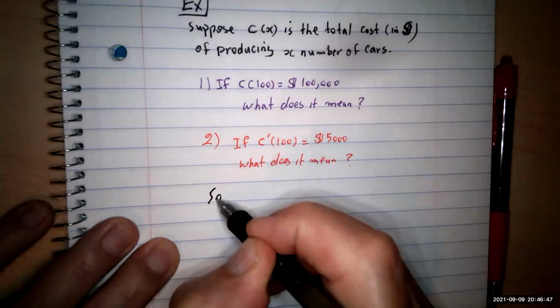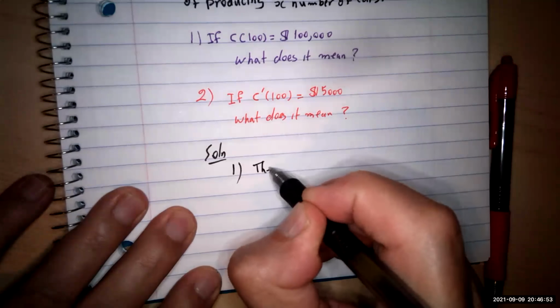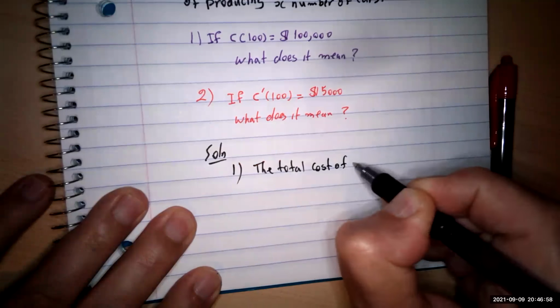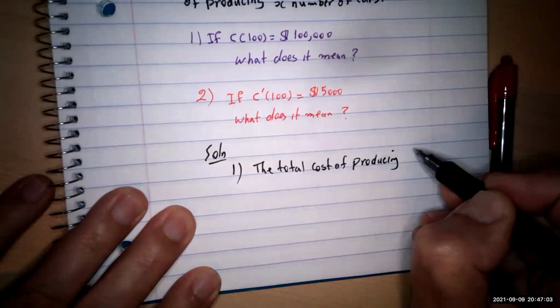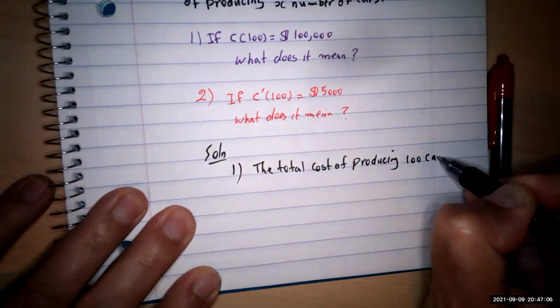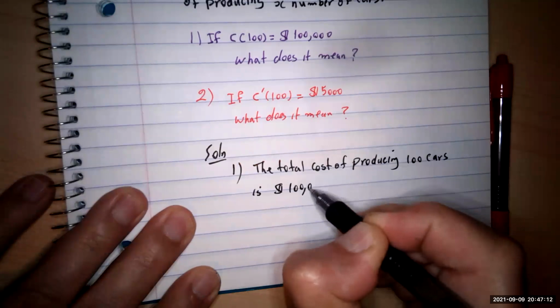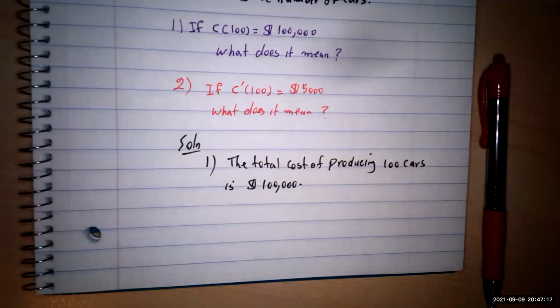Solution, part one: the total cost of producing 100 cars is $100,000. We can use it for different things, but in this case we just talk about the cost function. Very good. Any question?